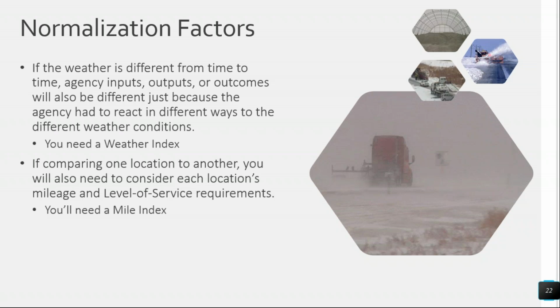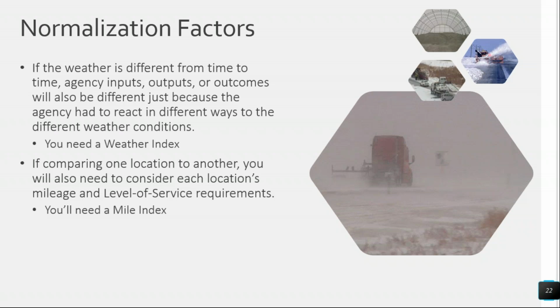Our policy dictates that we treat our interstates differently from other types of roads. So if you have a mile of interstate, your workload on that interstate is going to be greater just by the fact that it's an interstate and it carries a lot of people.